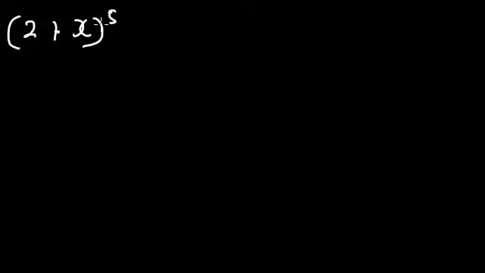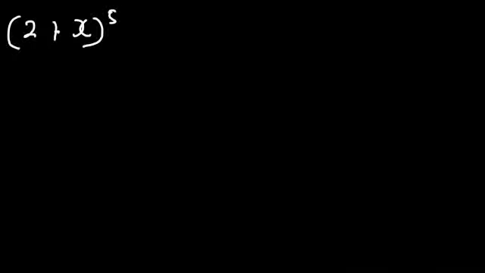Another thing you need to know is that for any binomial expansion, the number of terms will be n plus 1, where n will be the power or the exponent. The number of terms that each binomial will have will be n plus 1, where n is the exponent.